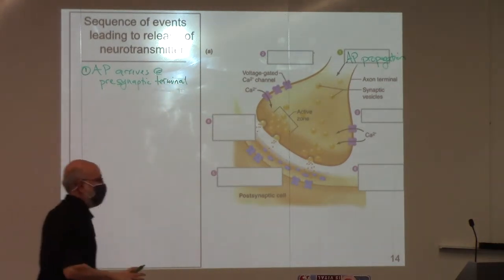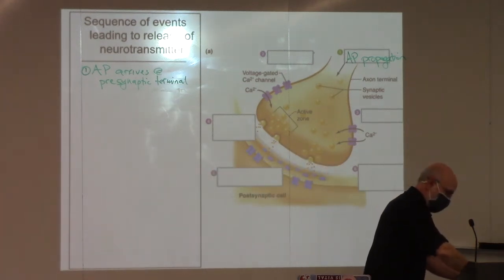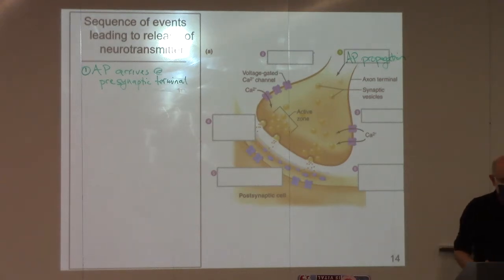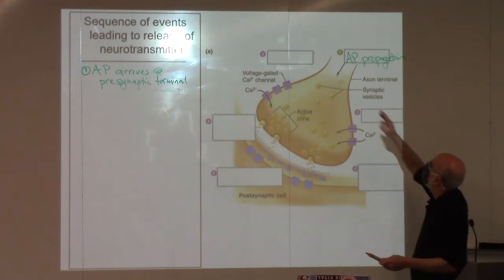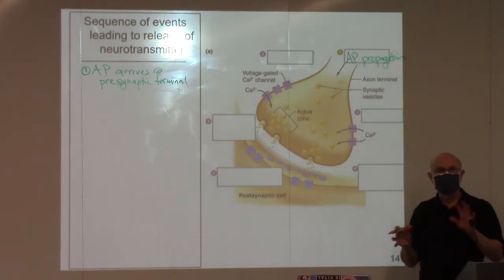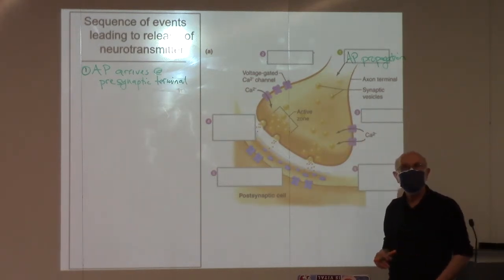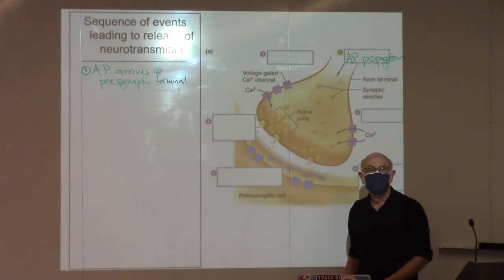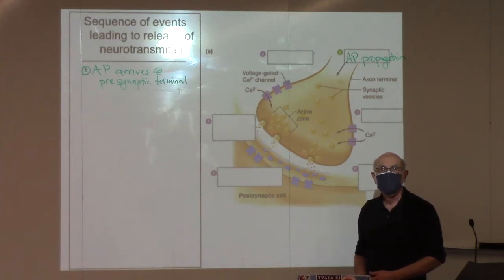Okay? What happens next? What happens in box number 2? Or 2 and 3, they're kind of lumped together. Henry? Does that trigger the release of the calcium gated channel?